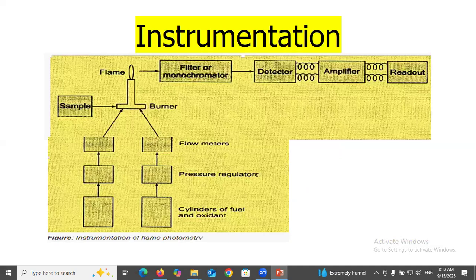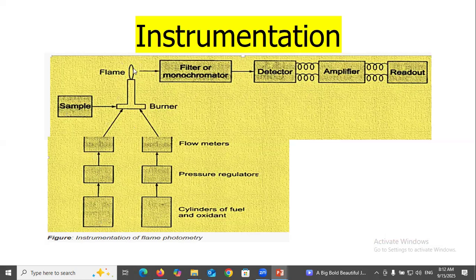Instrumentation: flame, sample, flame, and filter or monochromator, detector, amplifier, and readout. In case of AAS, we have a hollow cathode tube and radiation, and atomization.